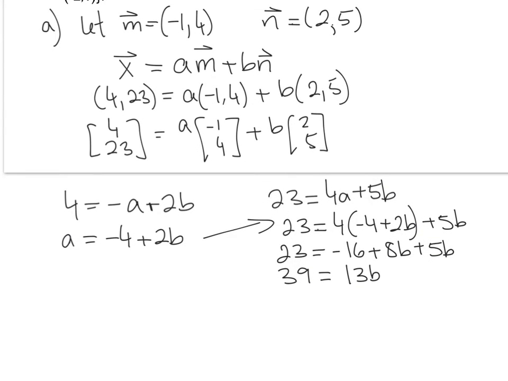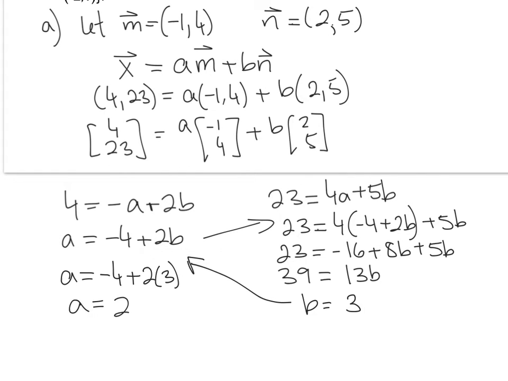And b is equal to 3. So now take b, bring that back up here, and sub it into this equation so we can solve for a. Times 3, which gives us a is equal to 2.